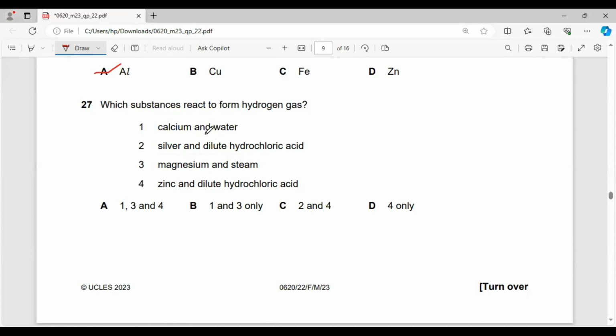In this case, calcium and water is correct. Silver and dilute HCl do not react. Magnesium and steam is the correct statement, and zinc and HCl forms zinc chloride and hydrogen. So 1, 3 and 4 are correct options.